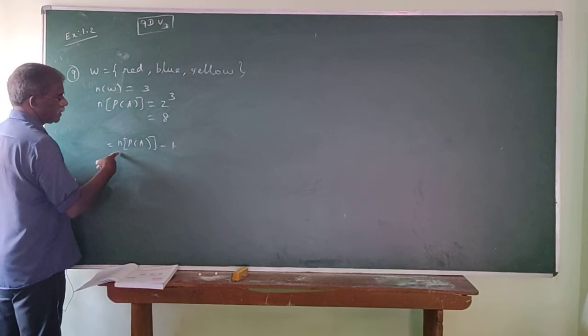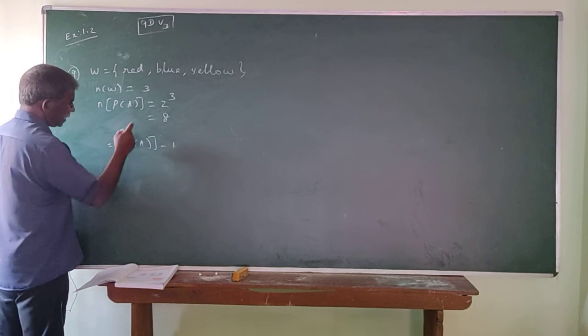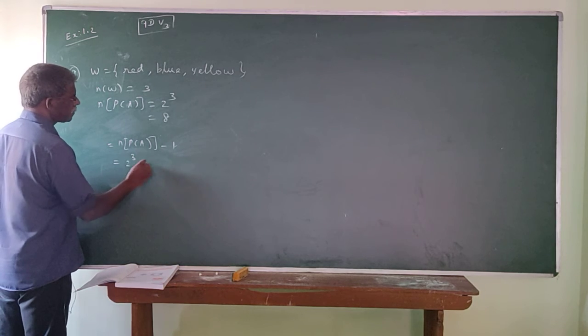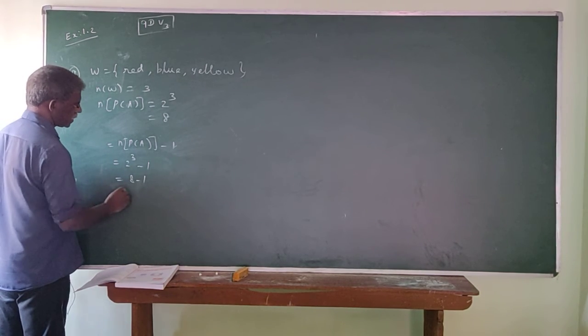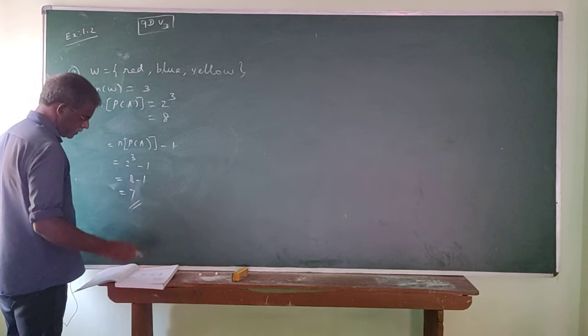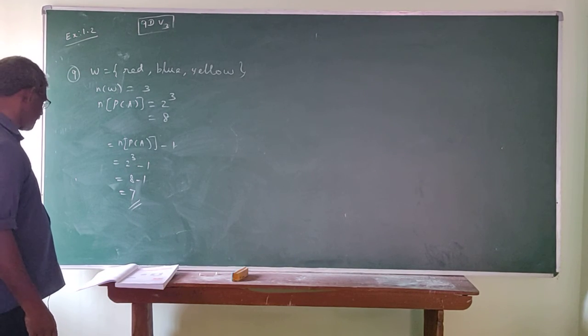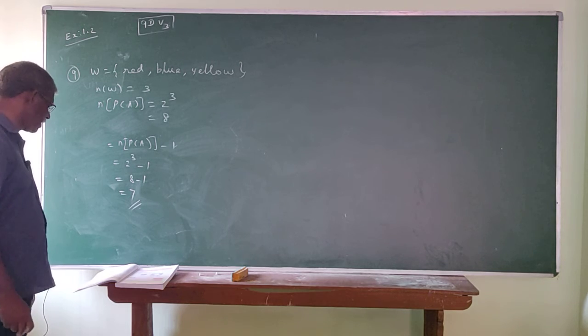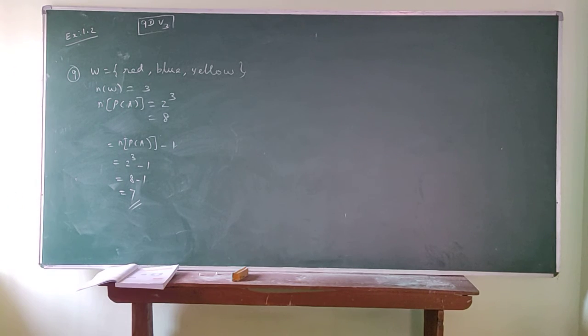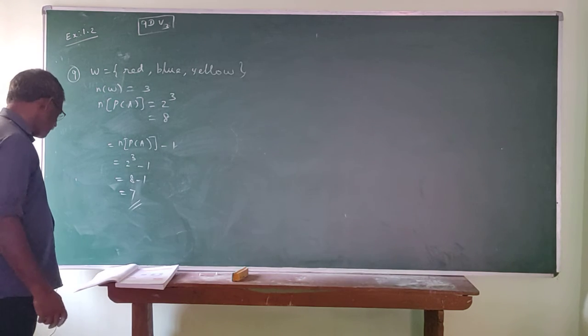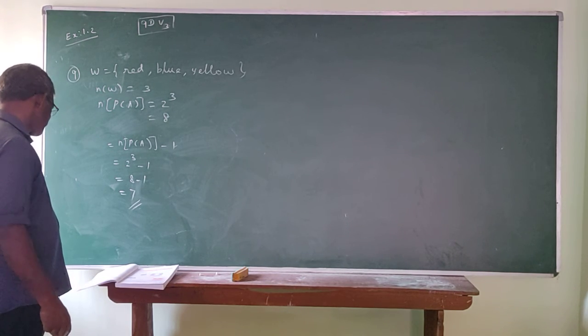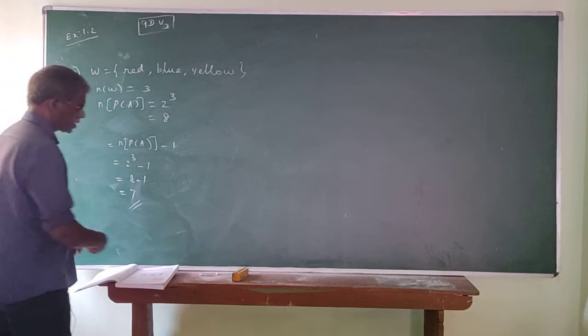It is equal to 2 power 3 minus 1, that is 8 minus 1, equal to 7. This is the answer for the first question. Similarly for the second question.